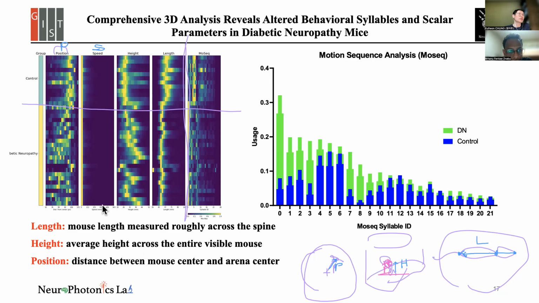P. I mean, this is too much. I think you should expand this one because there's no information here. Can you actually edit this? This is so strange, right? And this is height. And speed is probably very easy. And do you have any unit? So this is a pixel, millimeter. Okay, that's good. And mouse length.